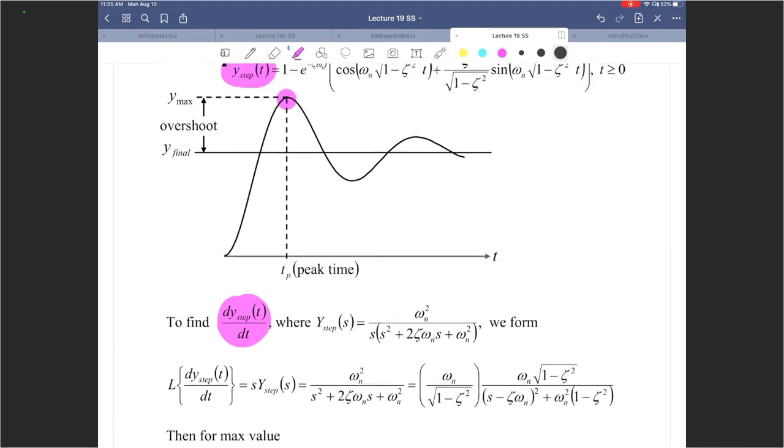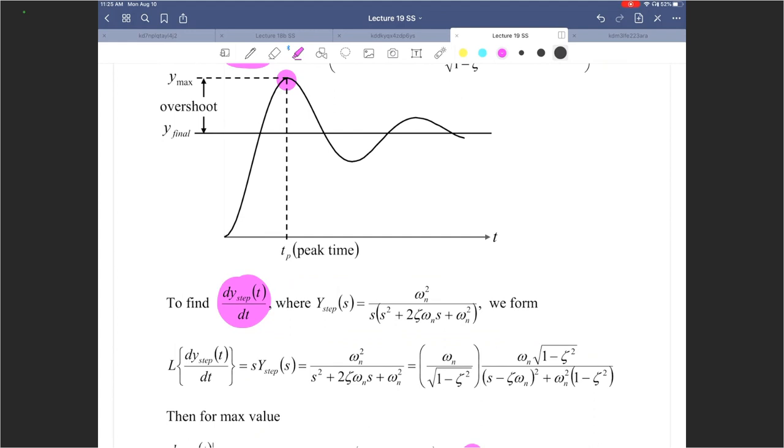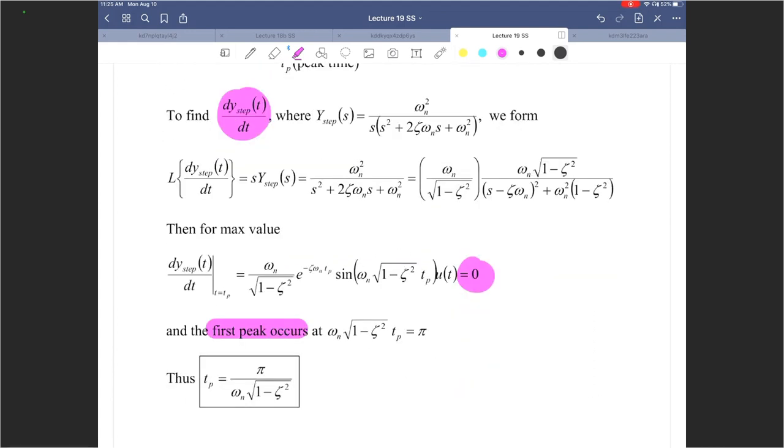And the first value of time that makes it 0, the first peak, is going to occur when t is pi divided by omega n times the square root of 1 minus zeta squared, or simply pi divided by omega d.